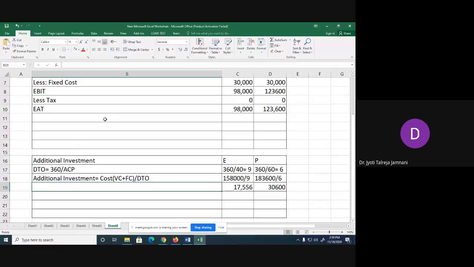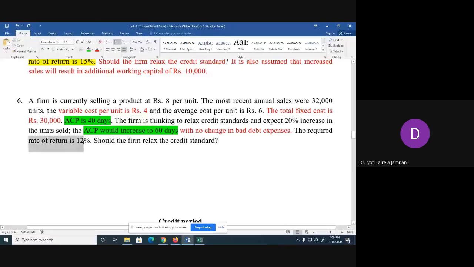Now we will find the cost of additional investment, which is nothing but whatever investment you have got, 17,556, into the rate which is given. So here the rate is 12%.